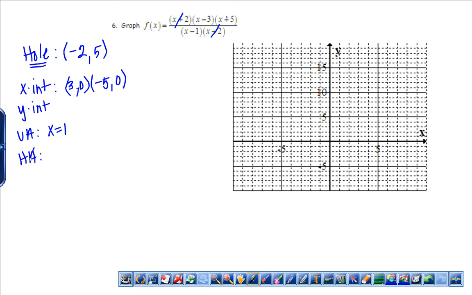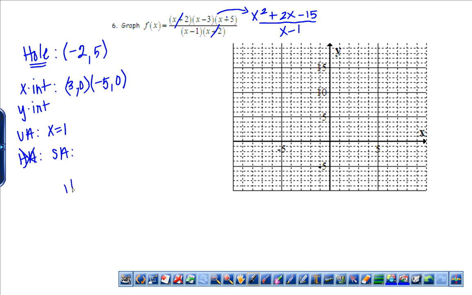So you have a slant, and I know y'all are so excited to do another slant. But how about we go ahead and multiply this out? This is going to be x squared plus 2x minus 15. And that's over x minus 1. So again, I can use synthetic.